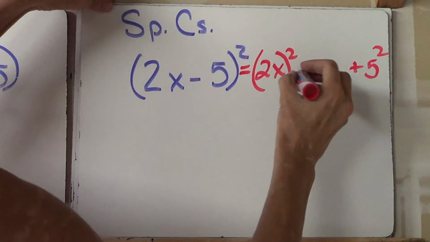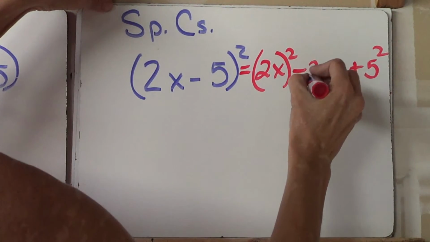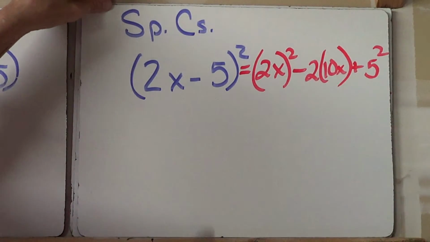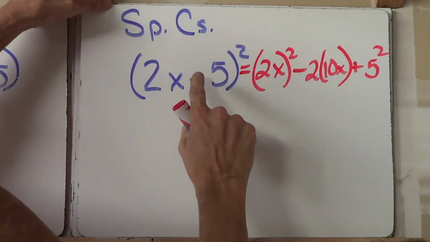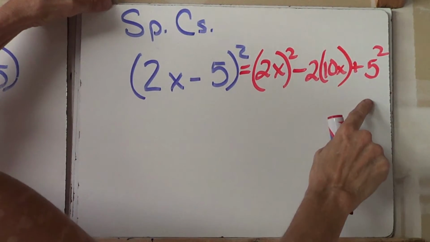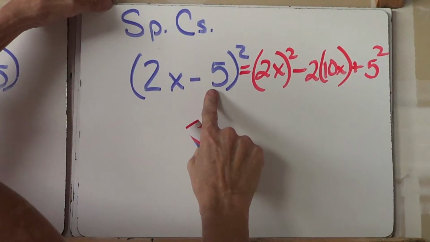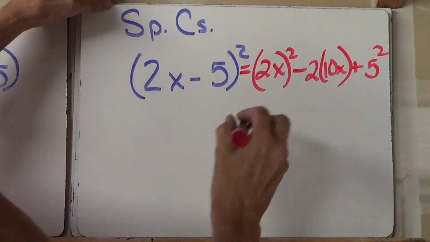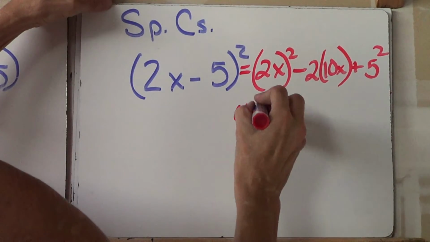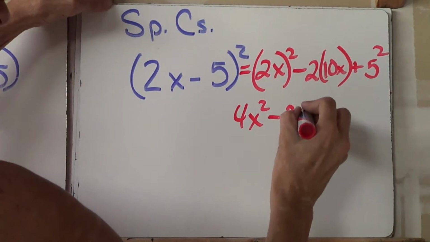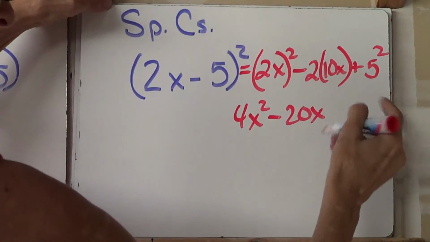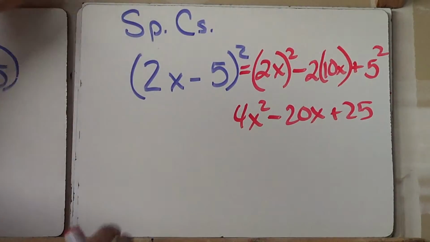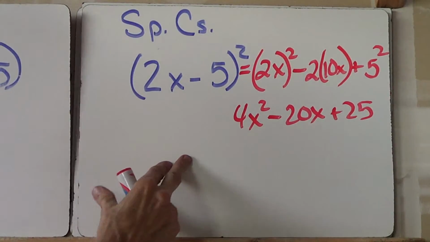You need to bring this sign into your 2 times 10x. Remember, it won't affect the back term because it's a negative 5 times negative 5. But when you go 2x times negative 5, that's negative 10x, and you have 2 of them. So your final answer would be 4x squared minus 20x plus 25. You can always FOIL or box these out. You don't need to memorize the shortcuts.